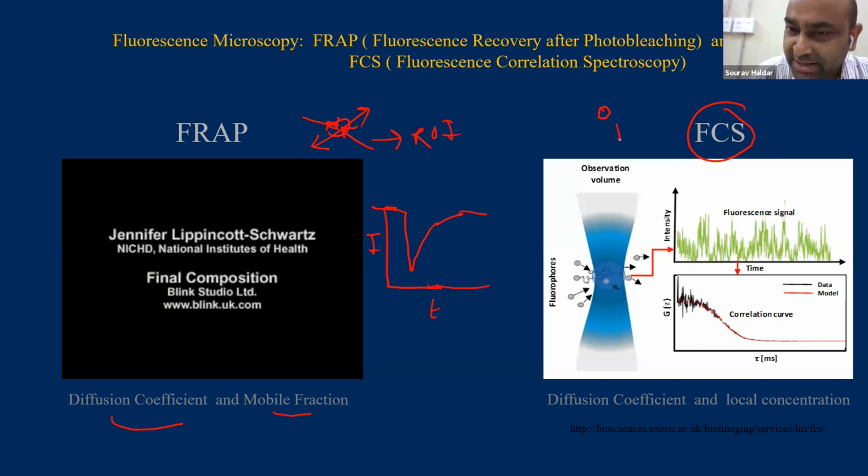Now, the advantage of watching fluorescence intensity from a very tiny volume is that we will be able to detect the coming in and going out of a single molecule.